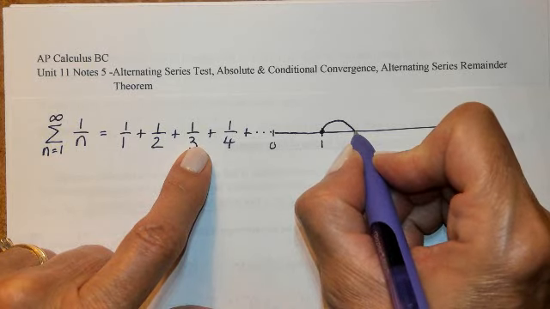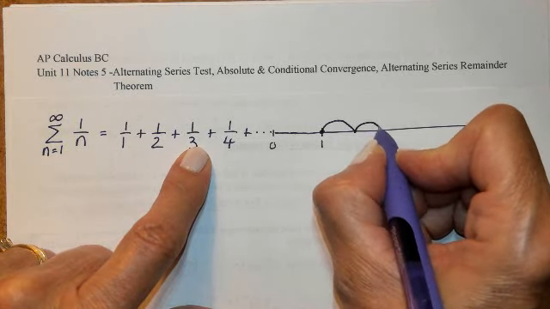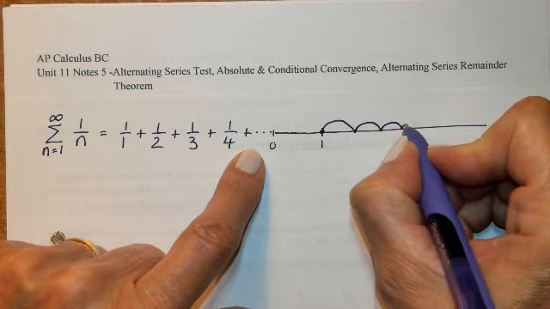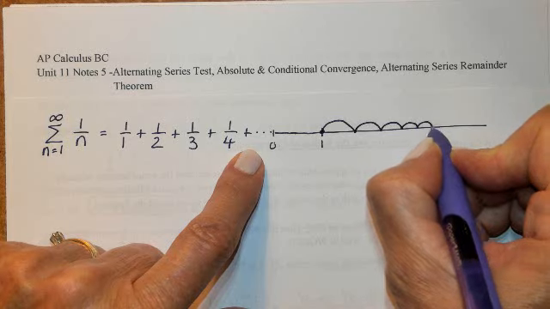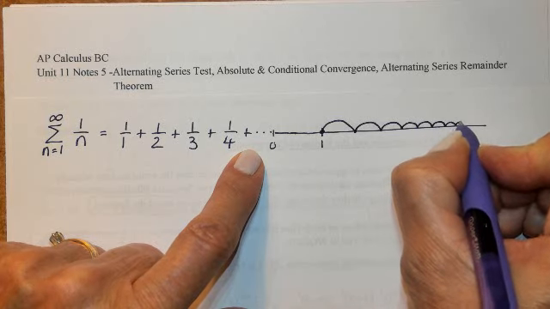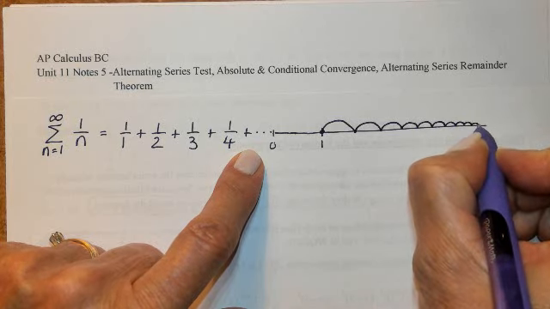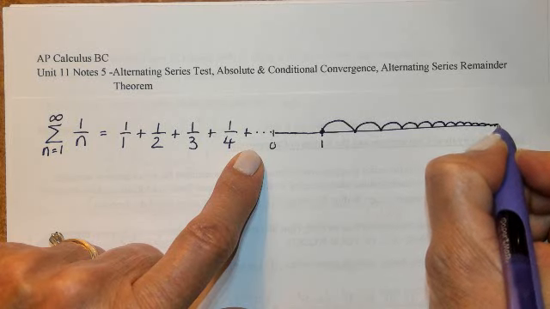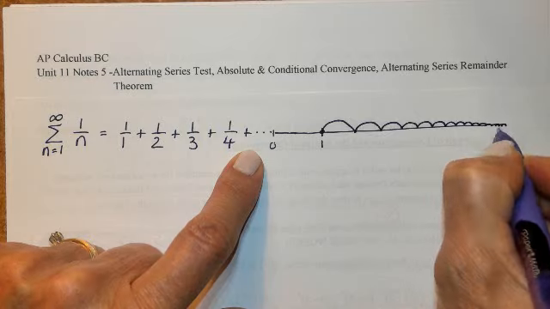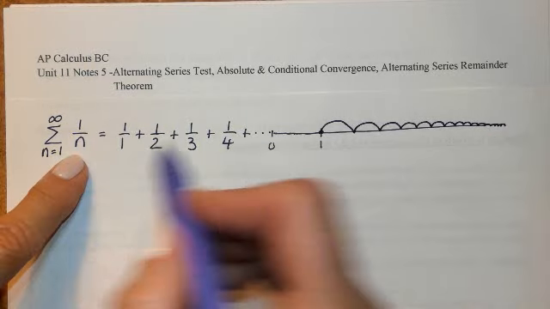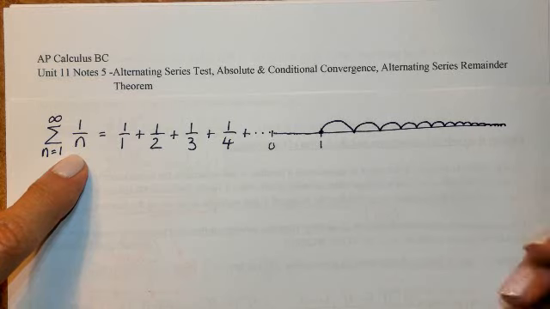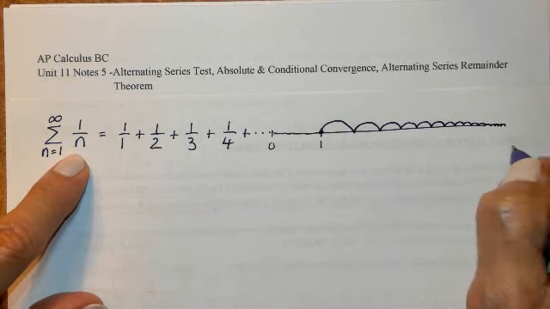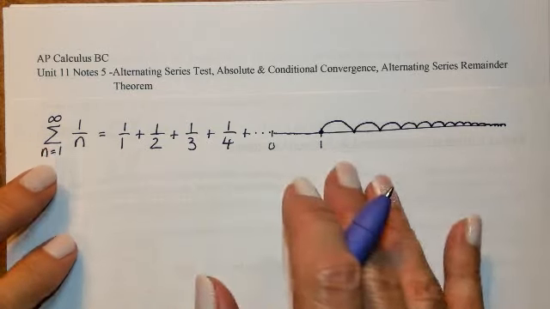Then we would add a third, and then a fourth, a fifth, a sixth, a seventh, an eighth, a ninth, and a 10th, and eventually we're adding very tiny things, and it looks like we're slowing way, way down. But obviously, because I know this diverged, we're not slowing down quickly enough. So it's going to keep on going to infinity. That's where we've been.